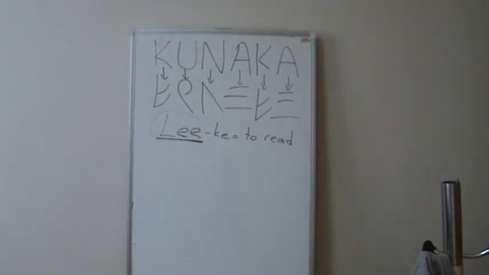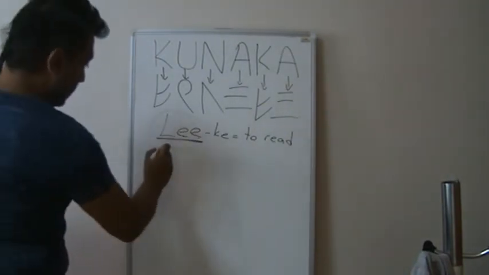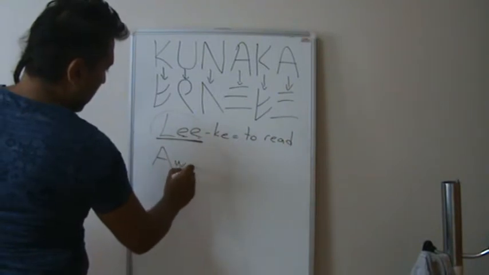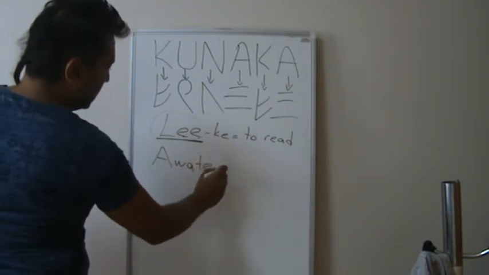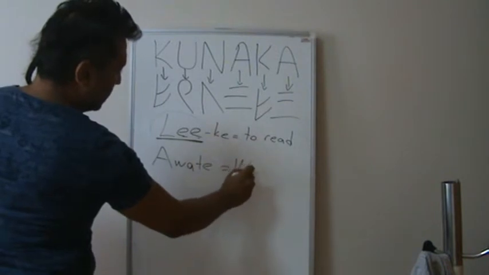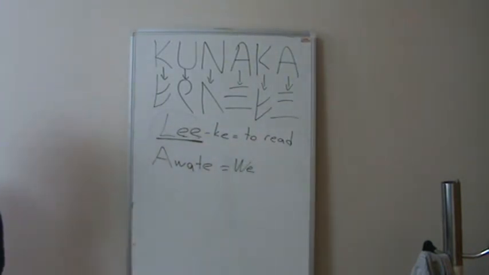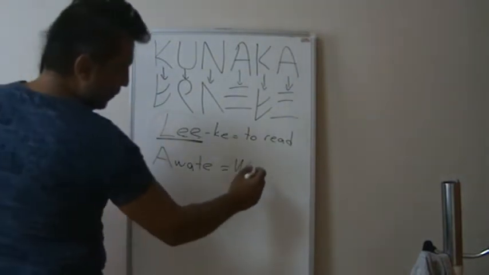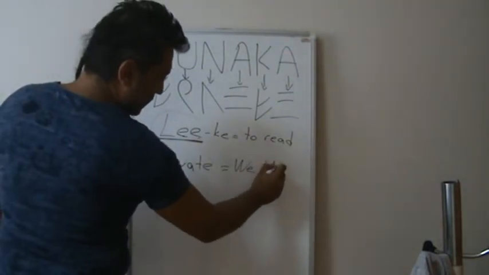Another thing we need to mention is that the emphasis is given to the middle syllable in three-syllable constructions, and to the first syllable in two-syllable constructions. For example, awate means we, first person plural.